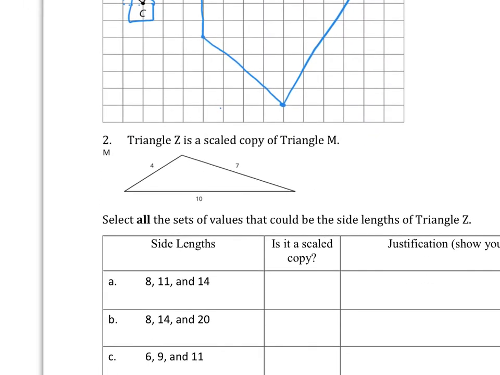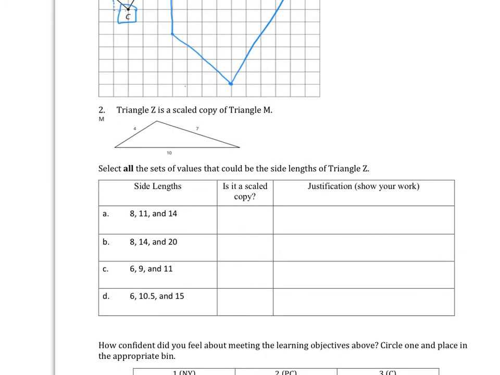So question 2 says triangle Z is a scaled copy of triangle M. So that means triangle M is the original figure. They want you to select all of the values that could be the side lengths of triangle Z. So we don't know what triangle Z looks like. We just want to know, is it possible for these side lengths to work with triangle Z?